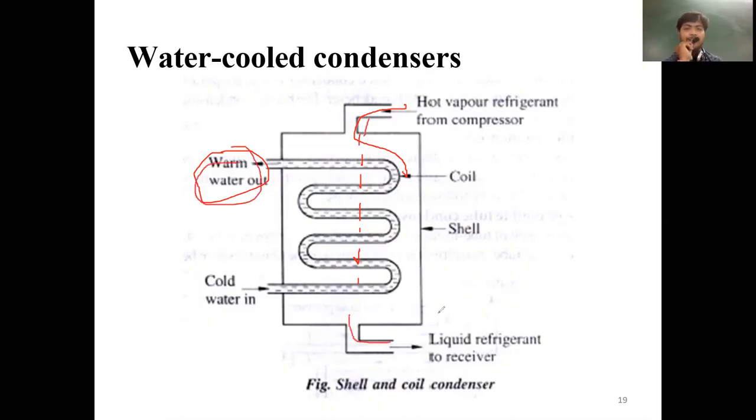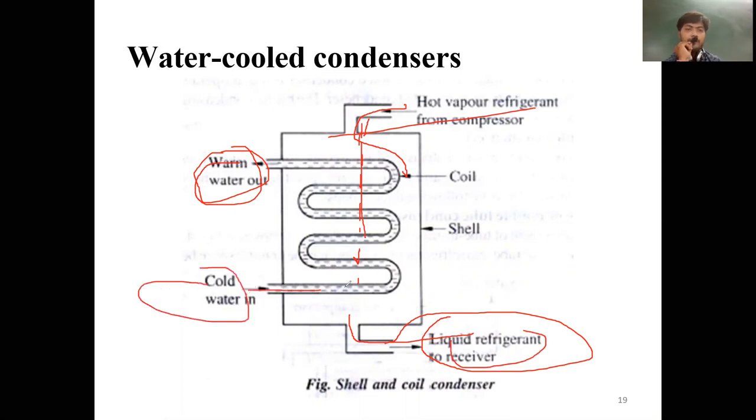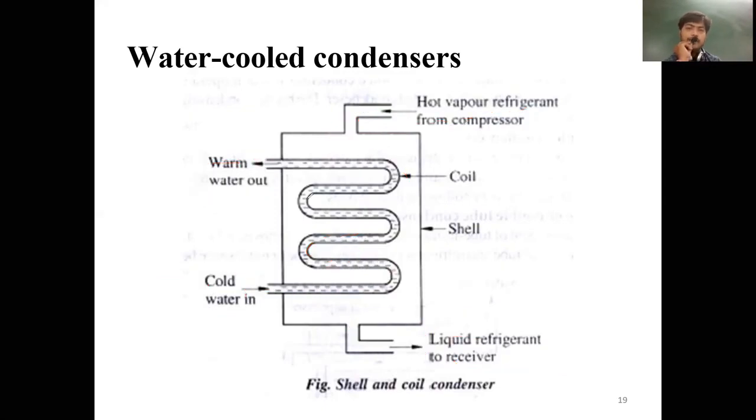Finally, we obtain liquid refrigerant to the receiver. Here the hot vapor comes in the downward direction and we obtain liquid refrigerant. Cold water flows into this tube and we obtain warm water because it absorbs heat. This is a shell and coil type condenser. Why is it called shell? Because we use a shell.